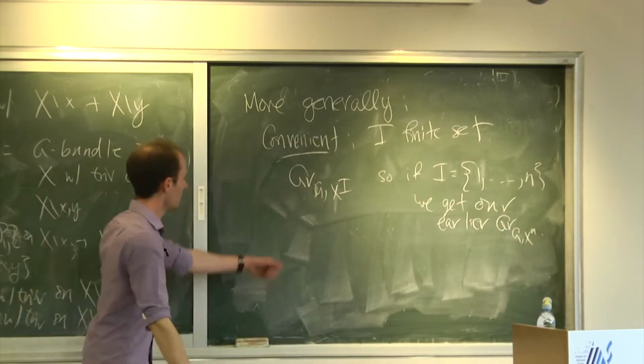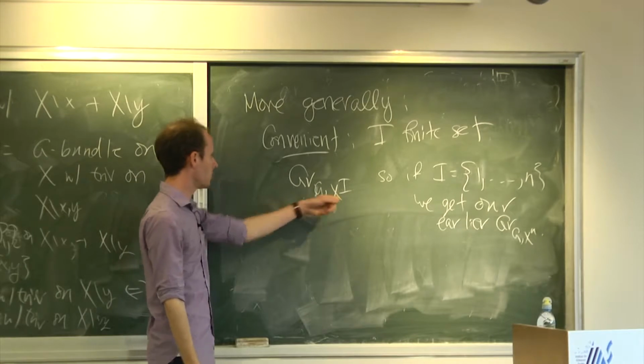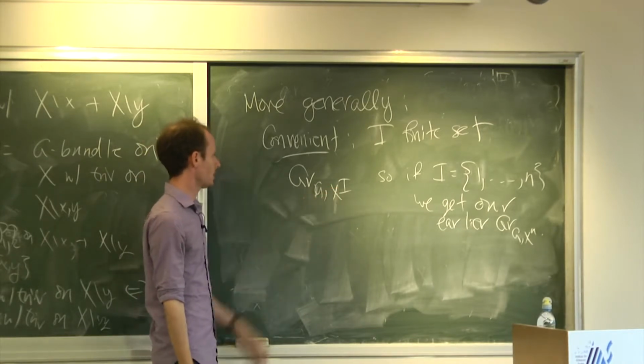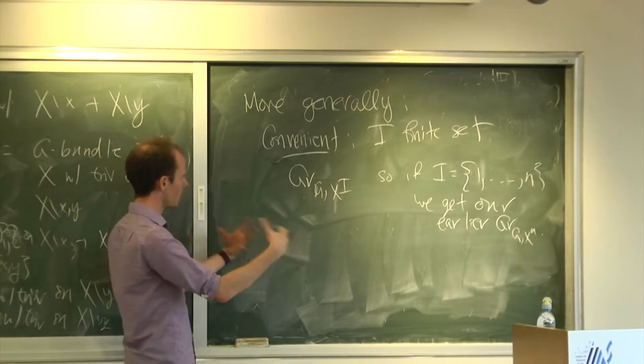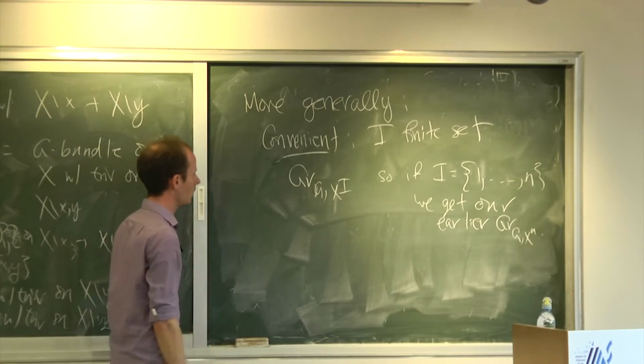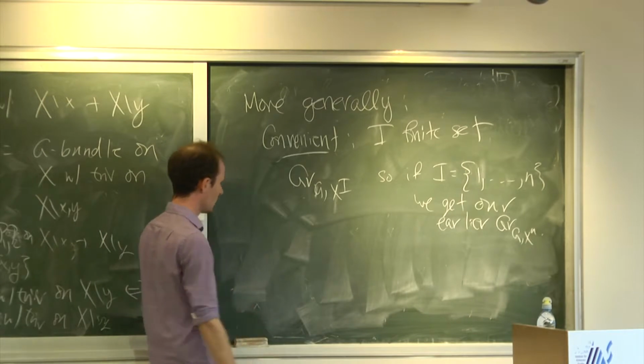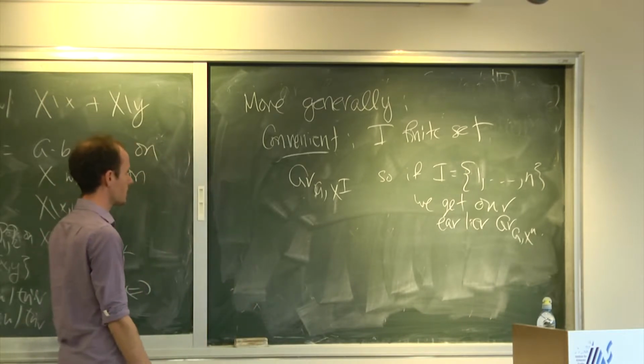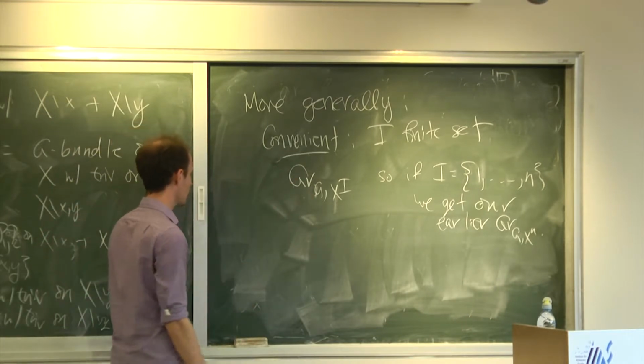So in other words, it's an I-tuple of points, one point for each element of the set I, and a G bundle on X, or an S-family of G bundles on X, with a trivialization away from the union of those points x_i. So it doesn't depend on the ordering at all.